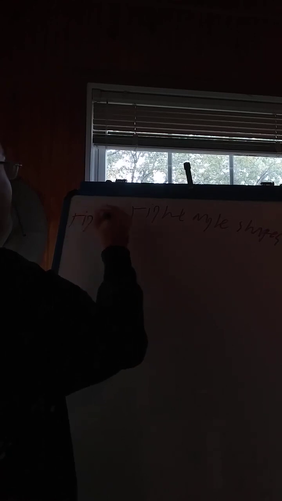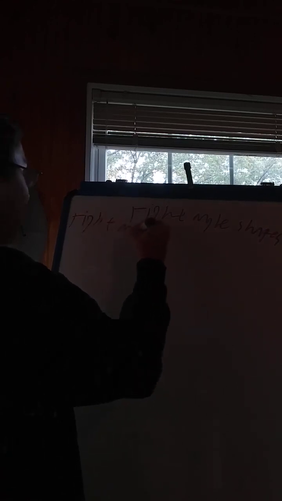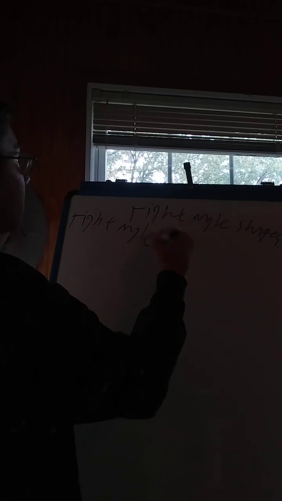So first of all, let's look at right angles. Obviously, shapes are squares with 4 sides, triangles with 3 sides. Right angle, I'll just write down right angle here.